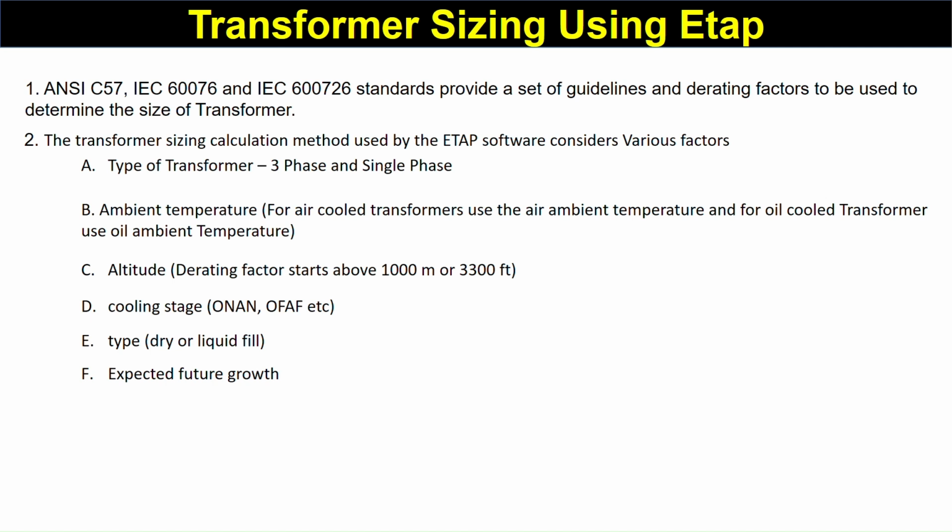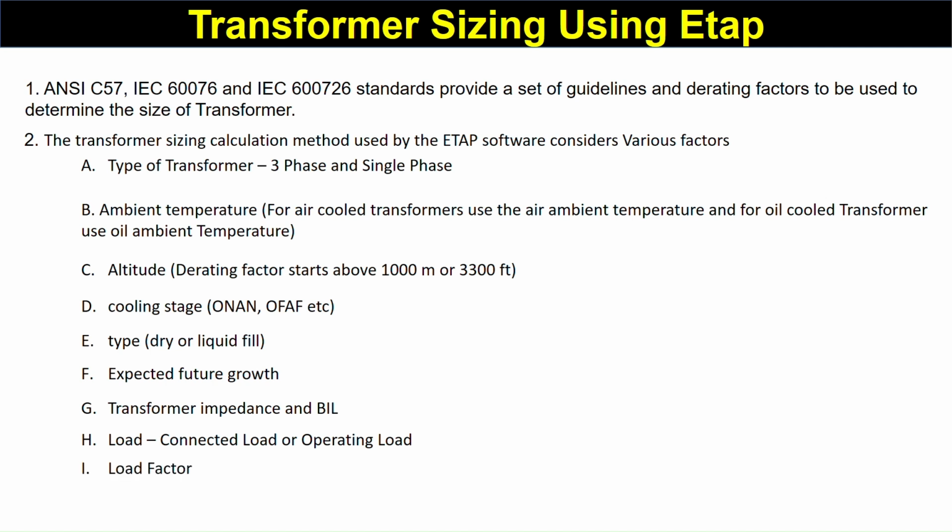Transformer impedance and BIL, basic insulation level, also affect the size of the transformer. Load, whether you are designing the transformer for connected load or operating load, as you know the connected load is greater than the operating load. Load factor also plays a very important role in the size of the transformer.